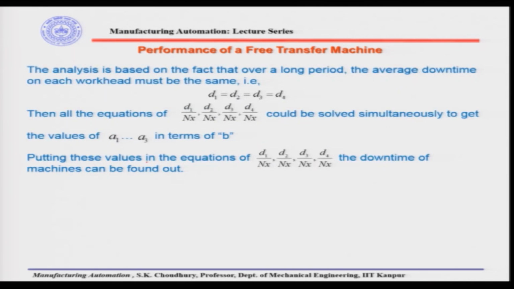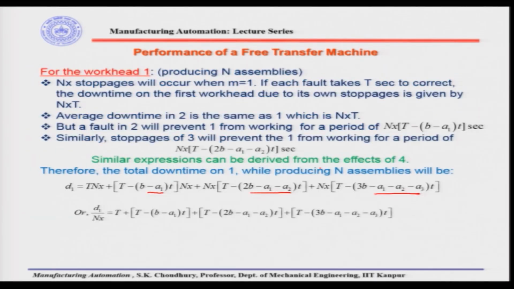Putting these values in the equations of d1 by nx, d2 by nx, d3 by nx and d4 by nx, one of them has been shown here, d1 by nx, and as you understand, similar equations can be derived for d2 by nx, similar for machine number 2. For machine number 3 you can derive the d3 by nx and d4 by nx the same way.